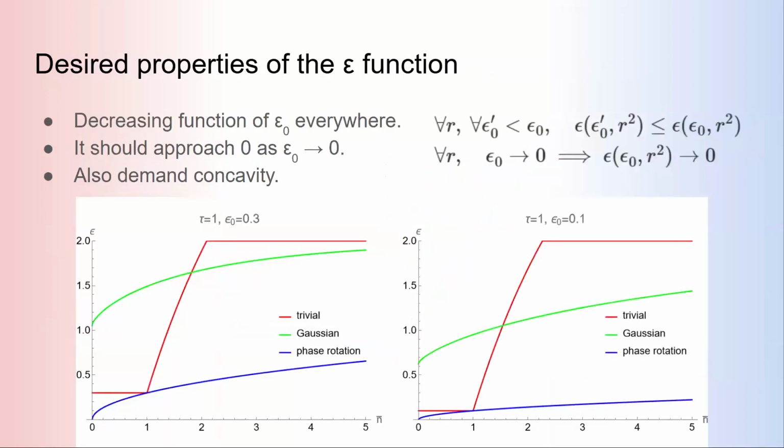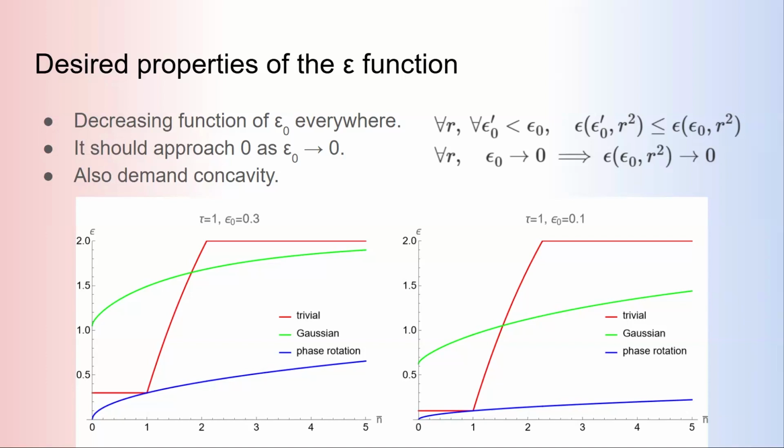Going back quickly, we've got this trivial bound, and we can also formulate this bound for specific function classes. Here's one you can formulate for Gaussians. Just assuming that these two channels are Gaussian, and telling me that I have this tau and this epsilon naught, I can formulate this, which goes for any energy.